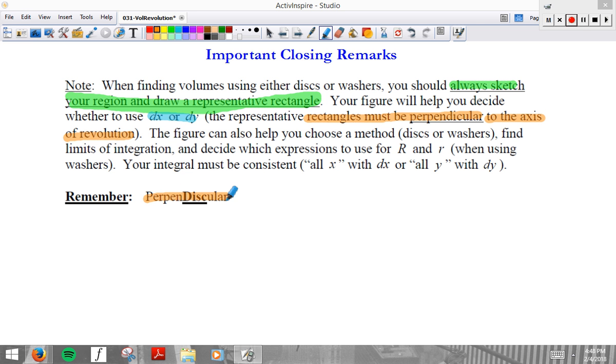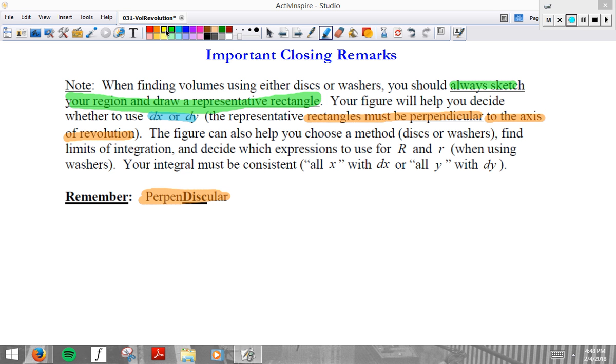The mnemonic for this is the phrase perpendicular, which I know sounds ridiculous, but it might help you when you are using washers or disks. The figure will also help you choose whether using disks or washers.